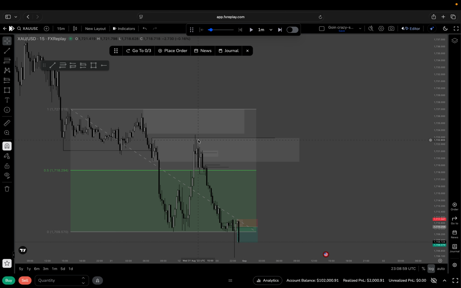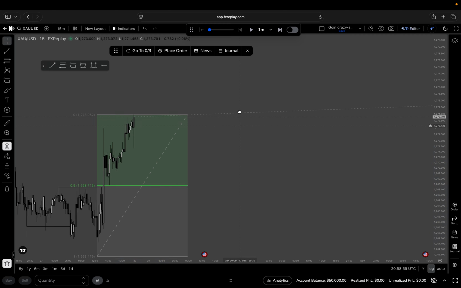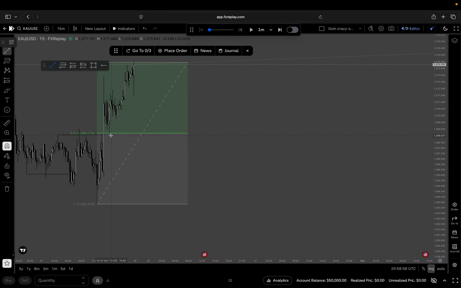If we break these lows here, break these lows. Okay. We then break all these highs here, get a nice closure above. Where's our equilibrium? Around about these lows here.